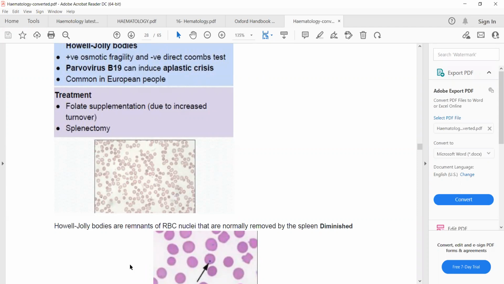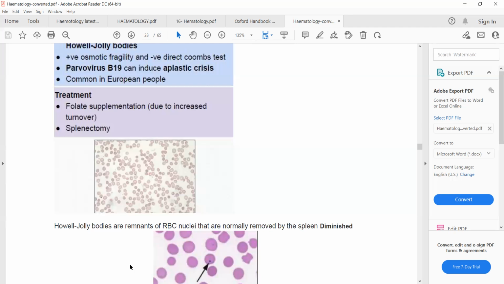If she's pregnant and she developed parvovirus infection, then that can cause aplastic anemia in children, without having sickle cell disease or hereditary spherocytosis. The risk of aplastic anemia in the children will increase if his or her mother gets parvovirus B19 infection.